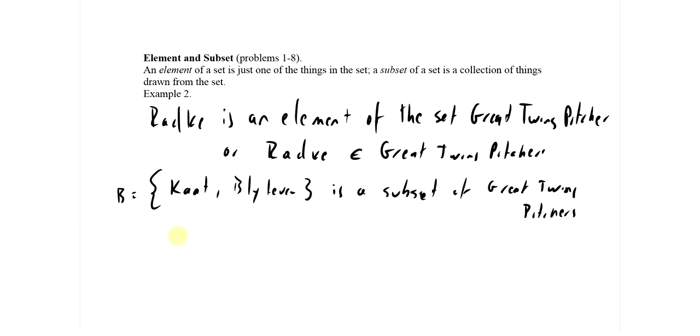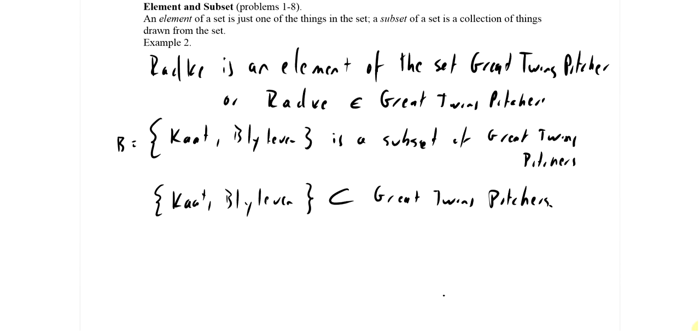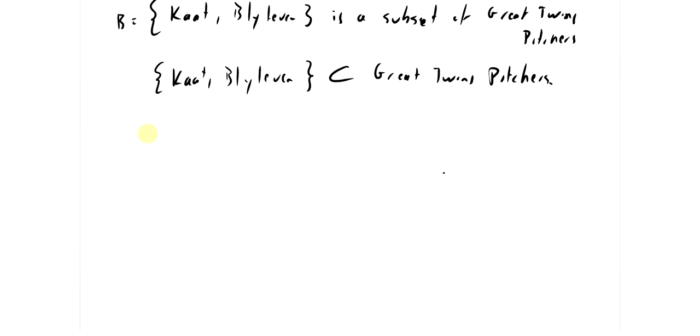And we have notation for that too. The set that consists of just Cott and Blyleven is a subset, that's a C, sort of an elongated C, of the set of great Twins pitchers. Okay. Now again, a more mathematical thing, sort of involving numbers, right?